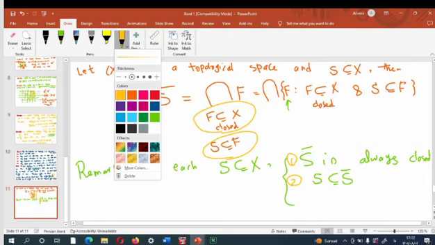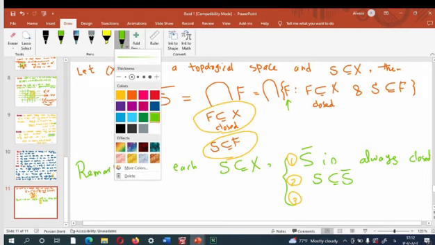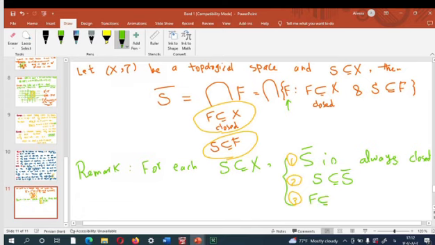And 3, if, for example, F is closed and contains S, then S bar is a subset of F. And this is trivial because if F is closed and contains S, this F is a member of this set, and this intersection is less than all of these elements.